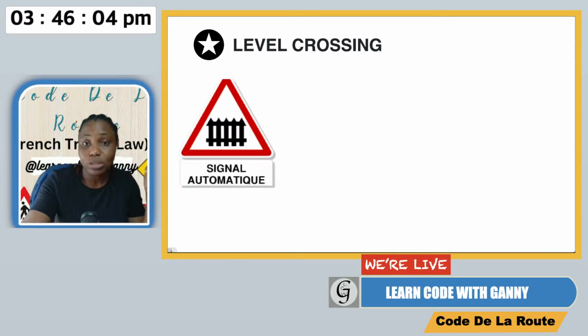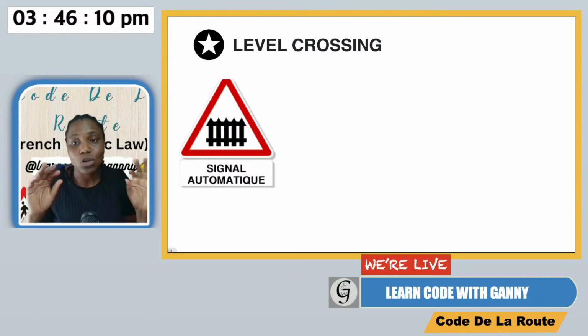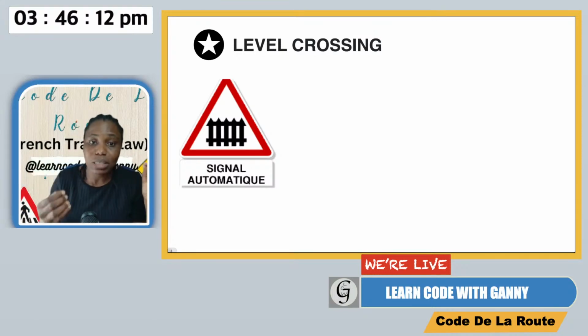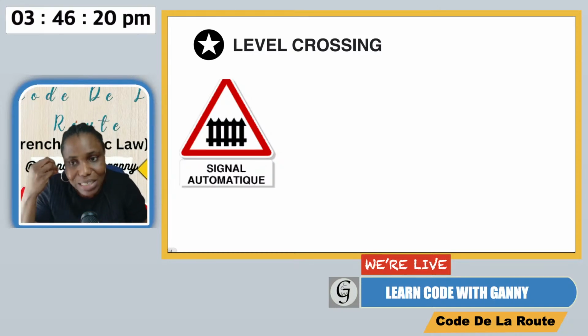This one is manual, just take note, and the next one is automatic. There is nobody working there. It is accompanied by a light, a red light. If the train is coming, the red light will be flashing and you will hear a sound.